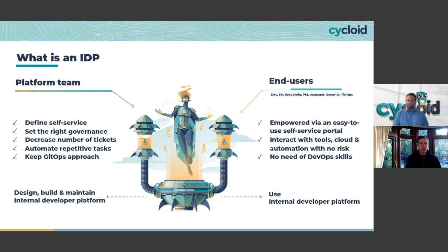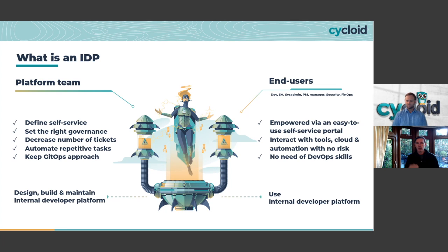It has the goal of decreasing tickets, so that's again aligned to self-service. You should be able to repeat the automation and share the automation, and it should have a GitOps approach, so you can do version control and everything that you'd expect to be able to do with a Git system. So that's the platform team's responsibility.